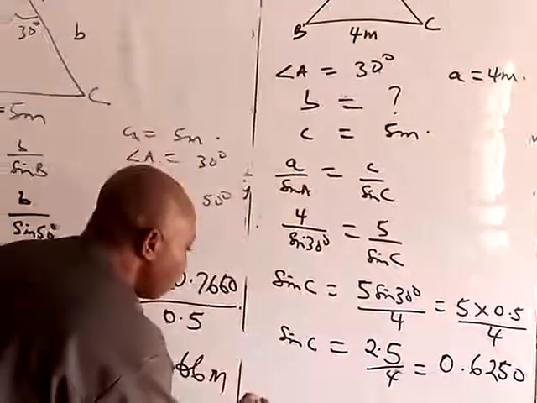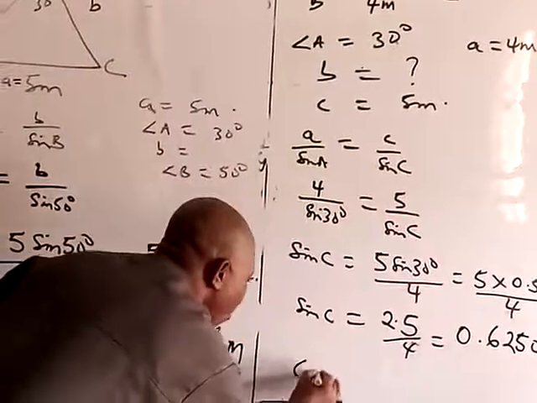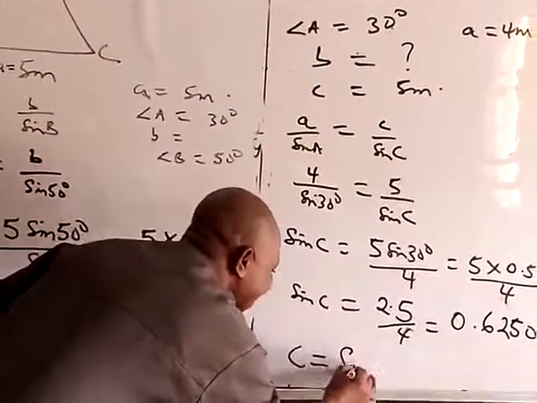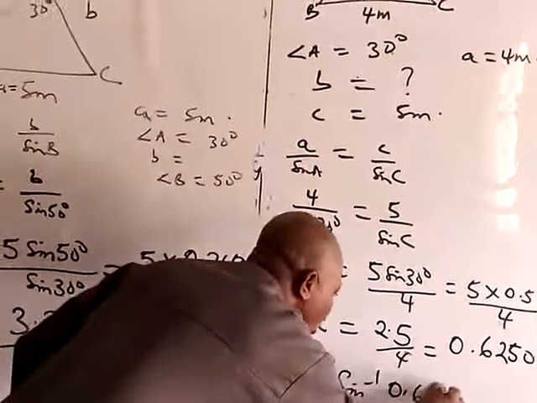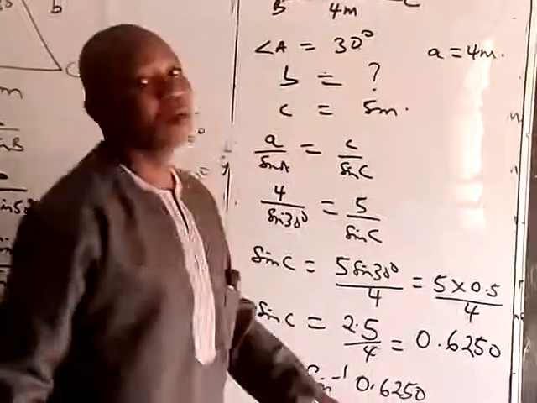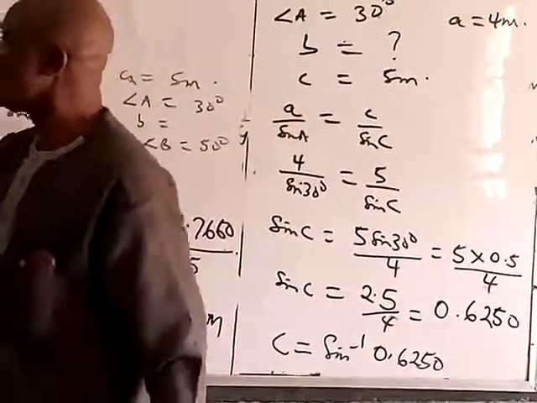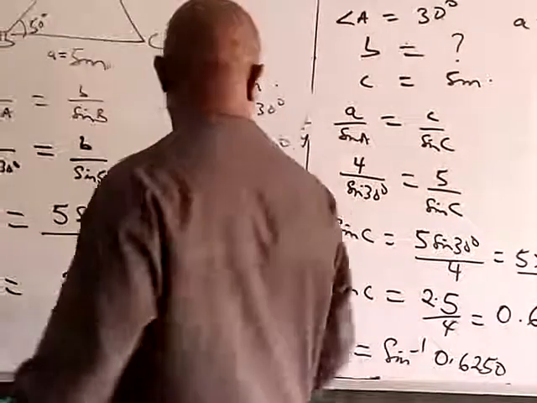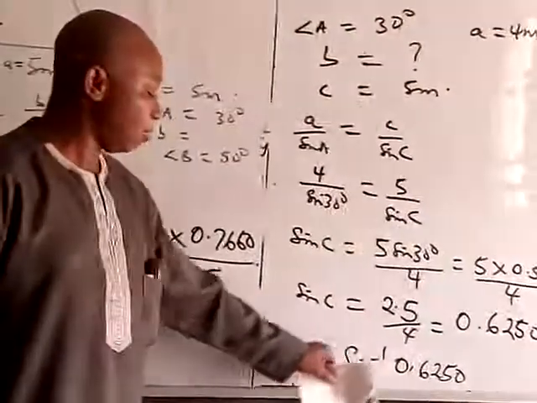Then your C, we are finding the angle here. Angle C now will give you arc sine of 0.6250. Now, I've said I want to find this particular angle.